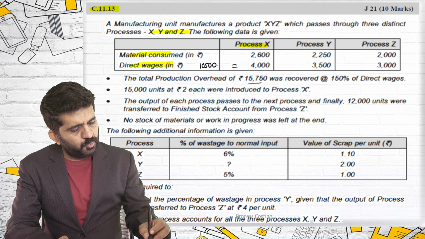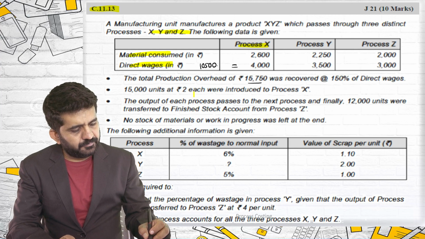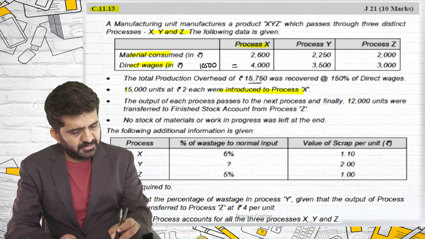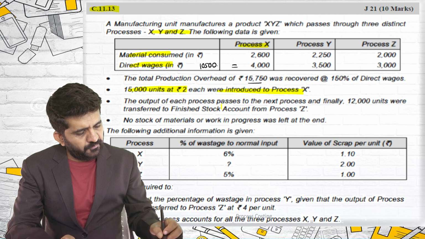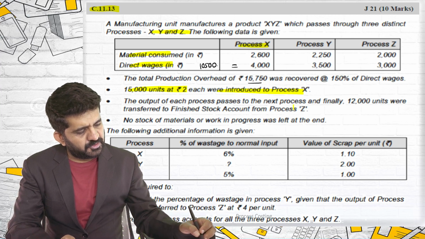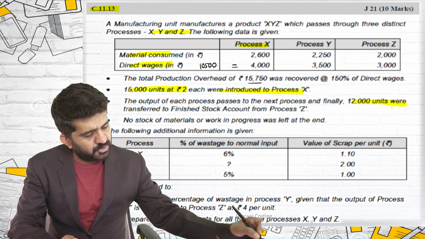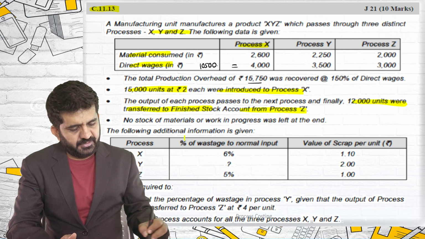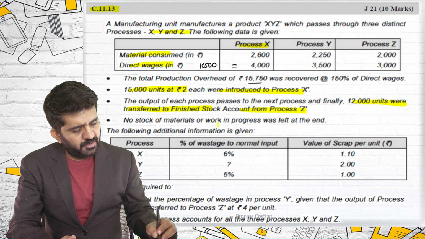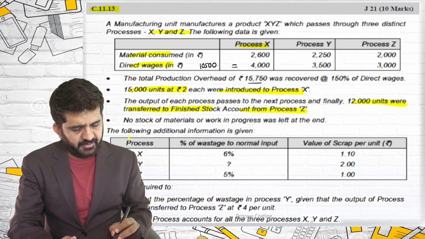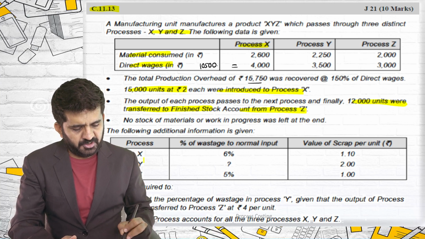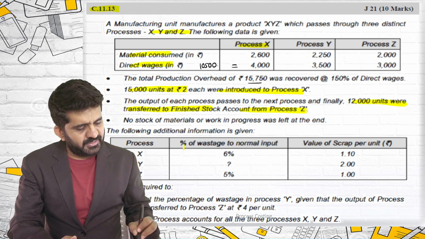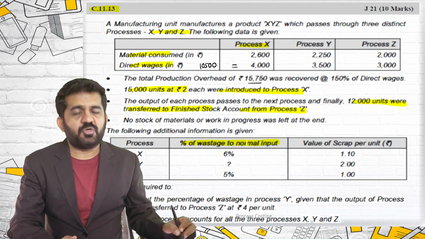15,000 units at 2 each were introduced to process X. The output of each process passes through the next process, and finally 12,000 units were transferred to finished stock account from process Z. No stock of material or work in progress was left at end. The following additional information is given. Process XYZ, percentage of wastage of normal input.